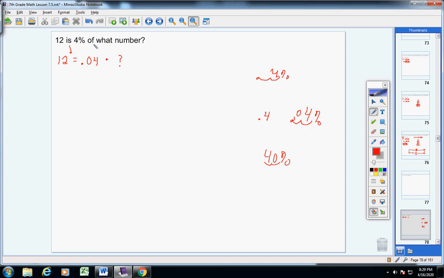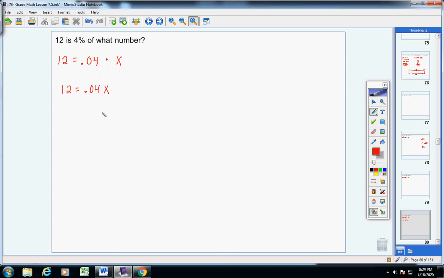Obvious multiplication. What number is your unknown? Okay, for your unknown, we're going to put an x. Now 0.04 times x is 0.04x, right? Next, we're going to divide both sides by 0.04. Now when you do that, these cancel, leaving you with x.